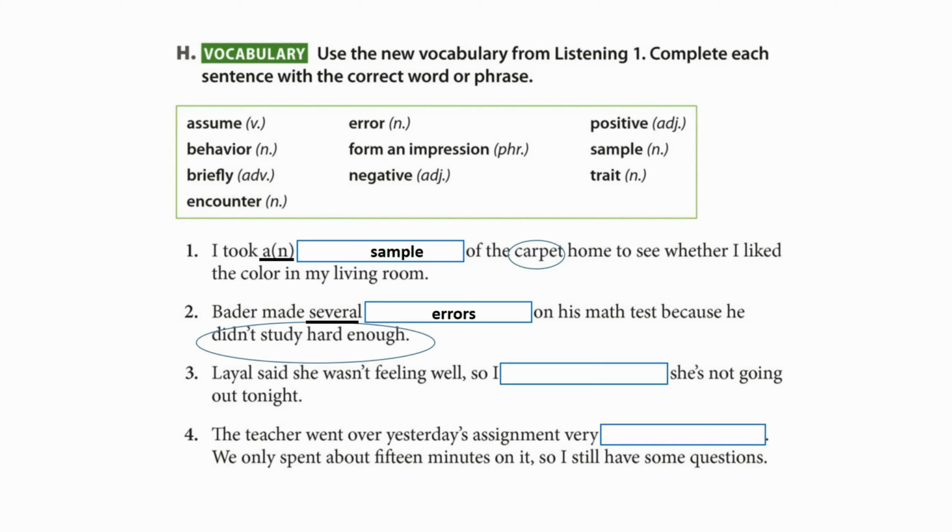Number 3. Leal said she wasn't feeling well, so she's not going out tonight. So we know straight away we have I, which is a subject. So we are looking for a verb. And the verb we're looking for has to go with the context. And that is that she said that she wasn't feeling well.